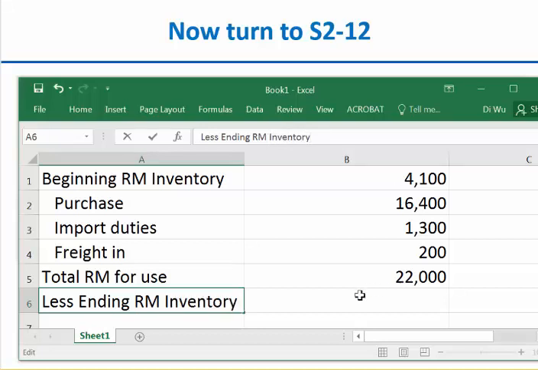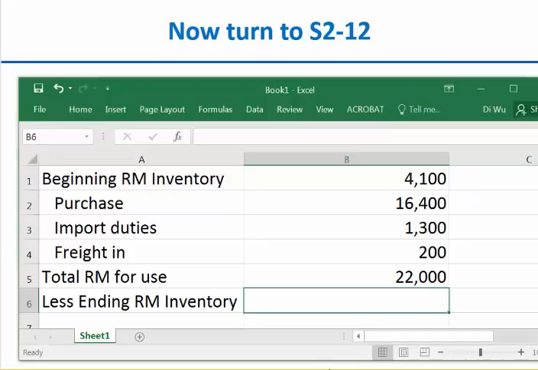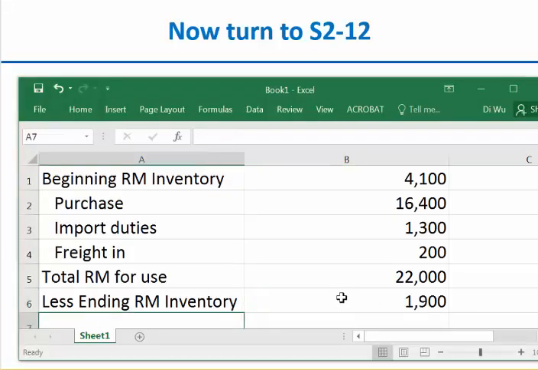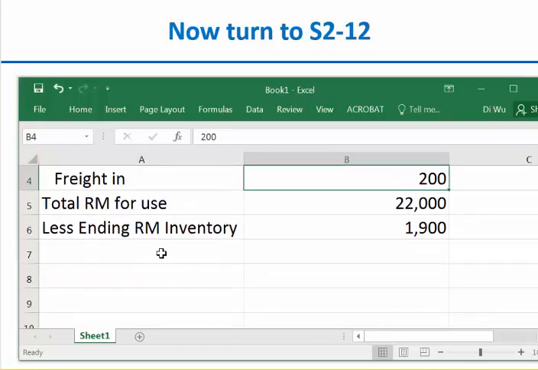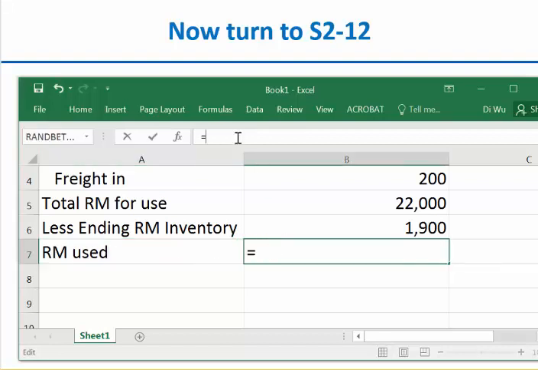Going back to the question, I'm looking at 1,900, so I'm going to put the 1,900 down here. The difference tells me the raw materials actually used. So I'm going to do the subtraction, 22,000 minus 1,900.